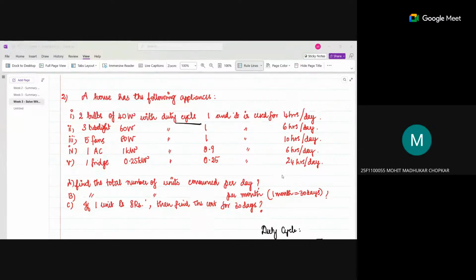Ma'am, this is practice assignment problems. The question which I wrote in the paper, that one? Yes. The same pattern but different values.